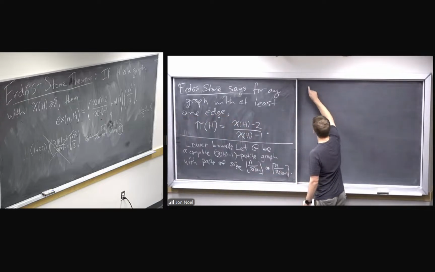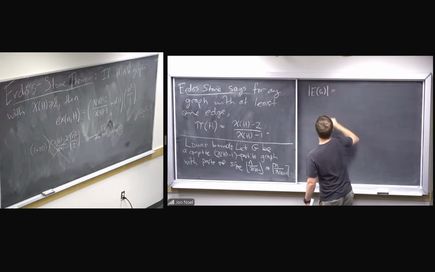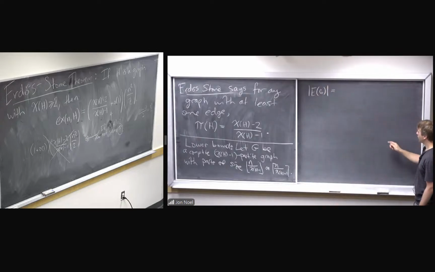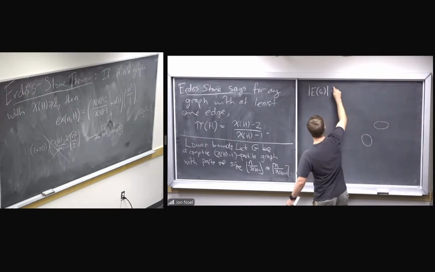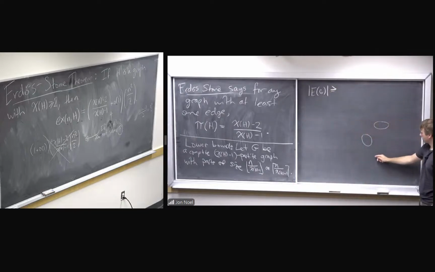And if we wanted to count the number of edges here, let's just do a lower bound even. Suppose I wanted to pick 2 distinct parts. How many ways are there to do that?